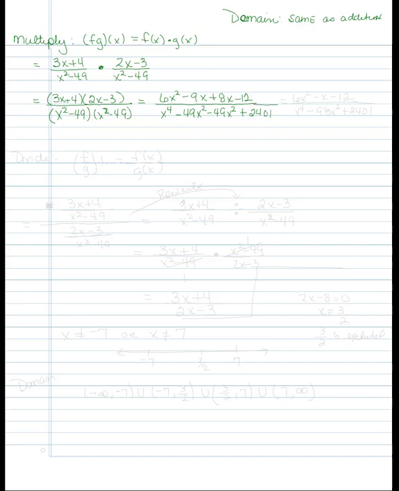So just for time's sake, just know that I FOILed that. Here's our answer. 6x squared minus x minus 12 all over x to the 4th minus 98x squared plus 2,401.